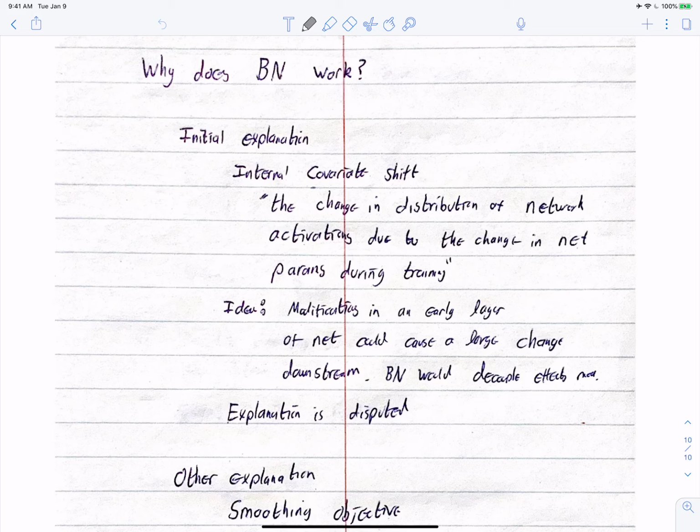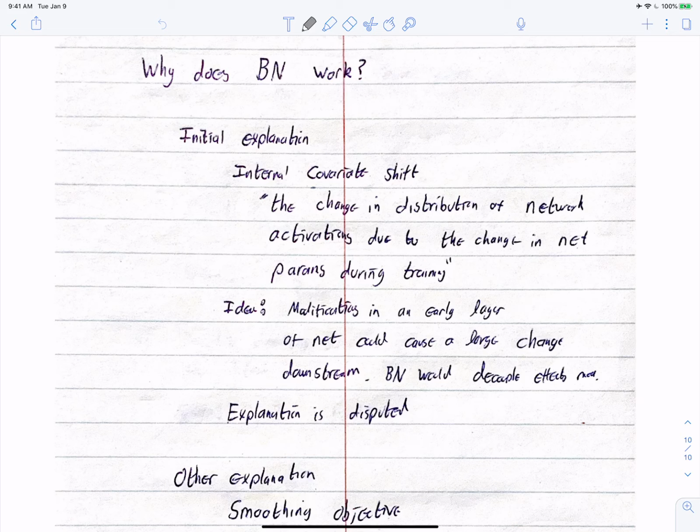So for example, changing the parameters in the first layer could significantly alter the mean and variance in a later layer, but because those are normalized and some scale factors are put back in, then that layer is not going to be subject to as much change as it would be without the batch normalization.